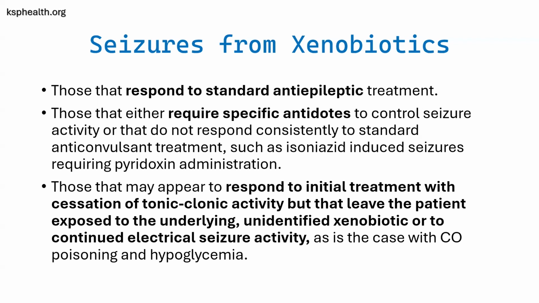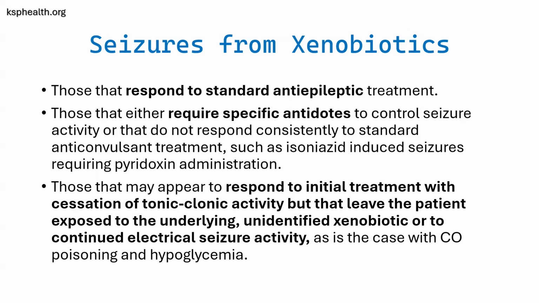The other group requires specific antidotes to control seizures. They do not respond consistently to our standard anticonvulsants. For example, isoniazid seizures require pyridoxine. Pyridoxine stops them; none of the others will.